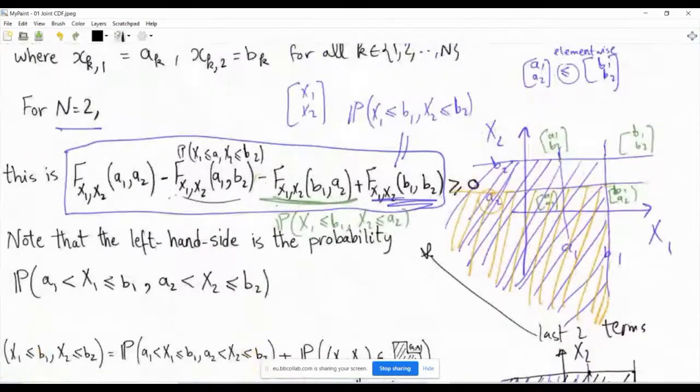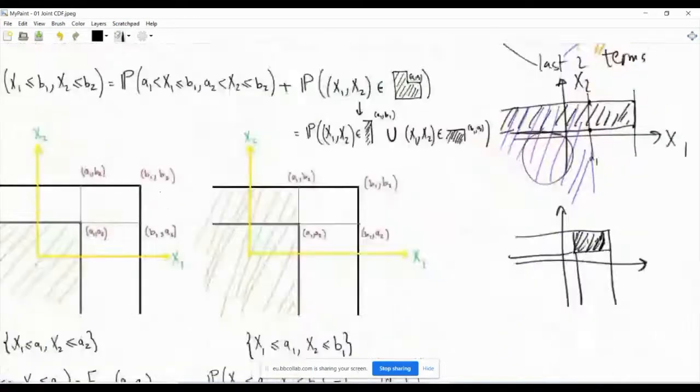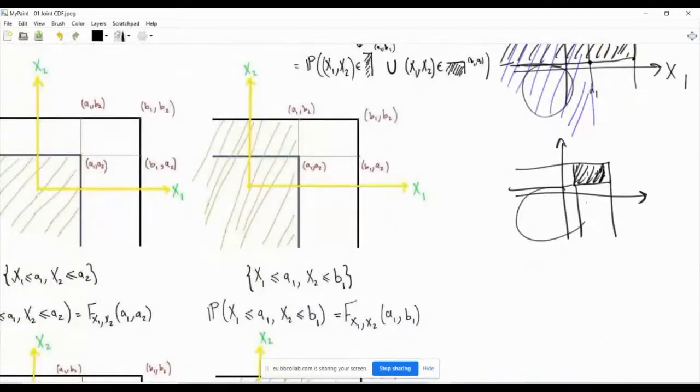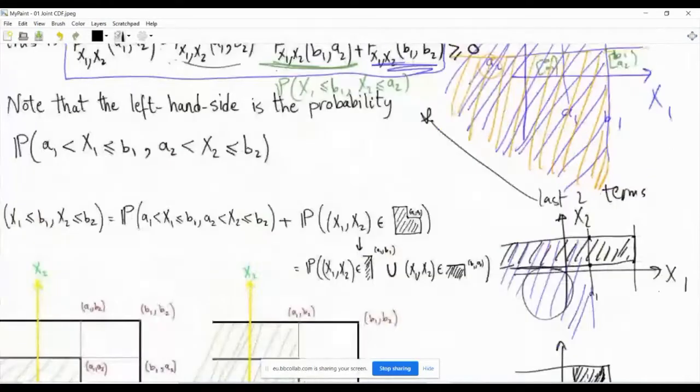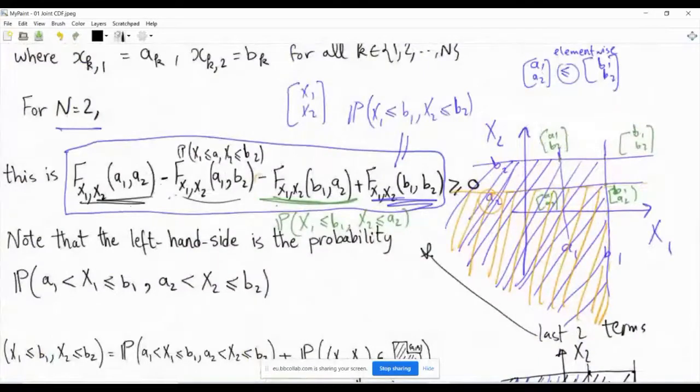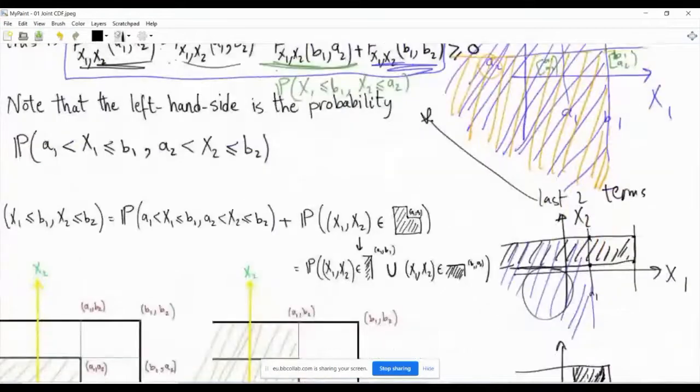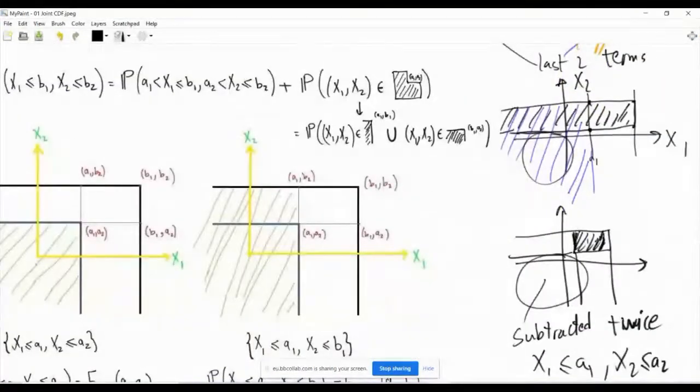It's subtracted in this term and subtracted in that term. And this part is the region where x1 is less than or equal to a1 and x2 is less than or equal to a2. So if you add this term back, then you end up with the box.